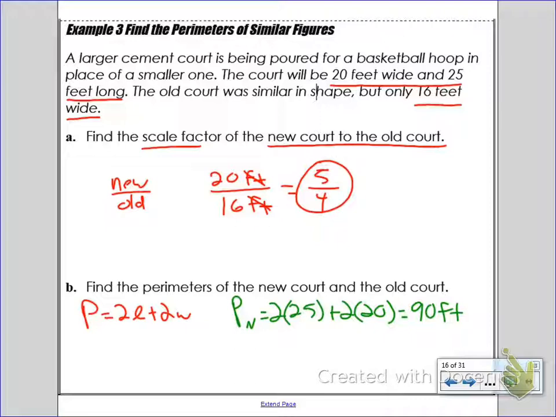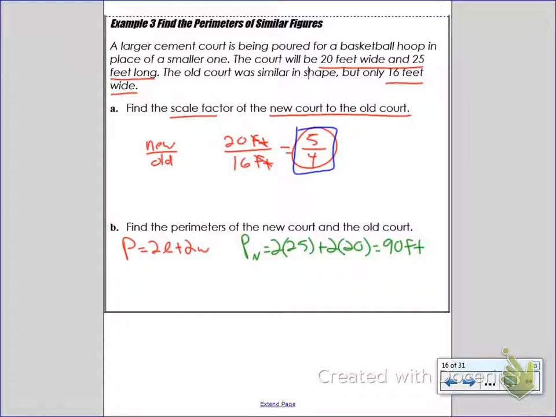Now the problem with finding the perimeter of my old court is I don't know what the length is. But I can use my ratio. We just talked about how the scale factor, 5 to 4 in this case, can also be used to help us find perimeter. Again, the 2 things I'm comparing are new court to old court. I know that the scale factor from new to old is 5 to 4.